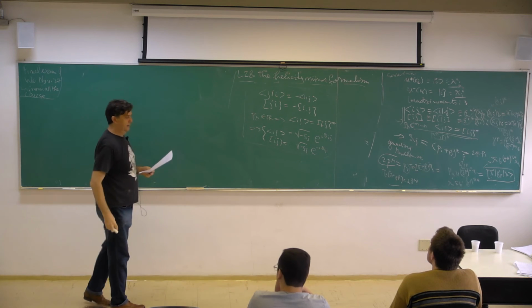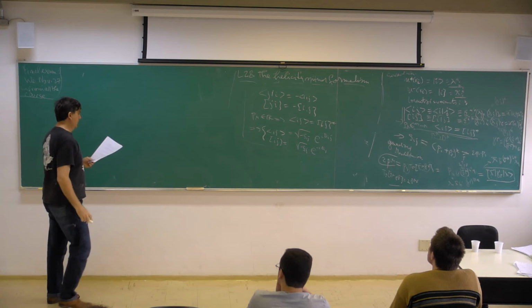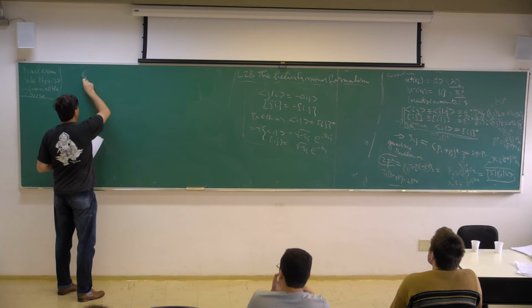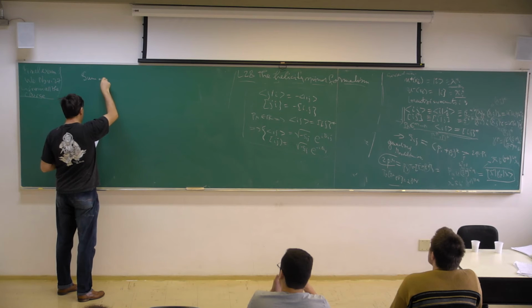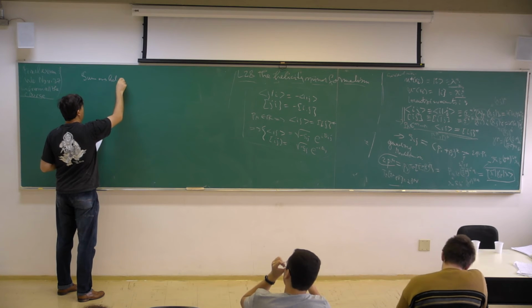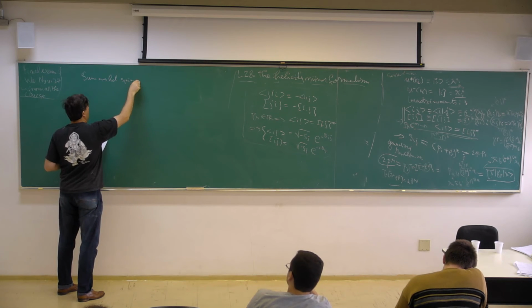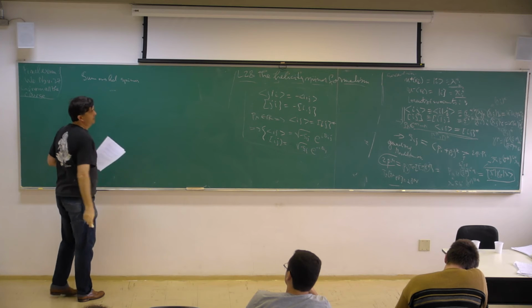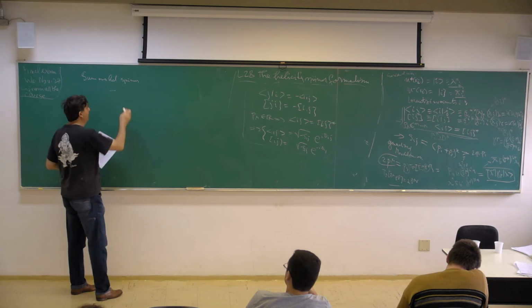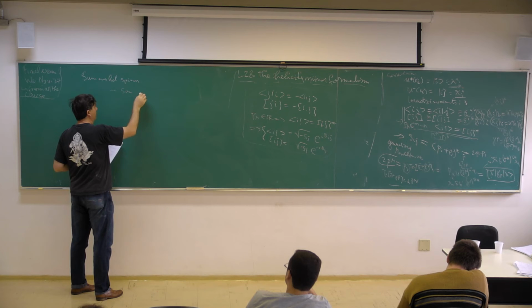So the sum of helicity spinors is obtained from the sum over spins that we've seen before.